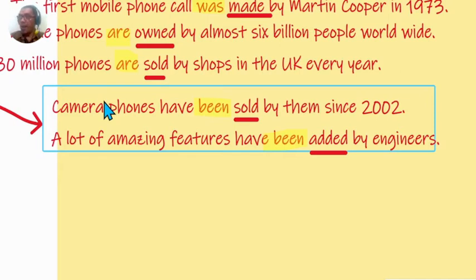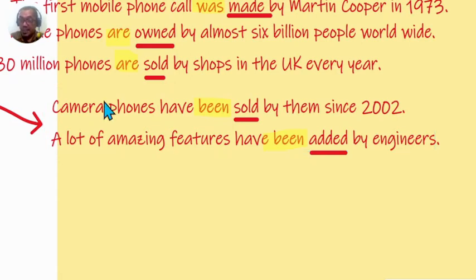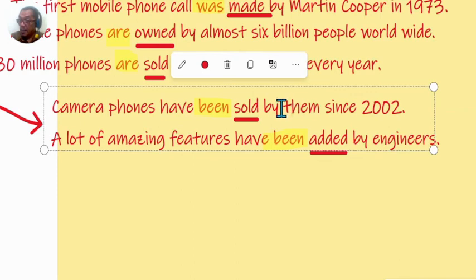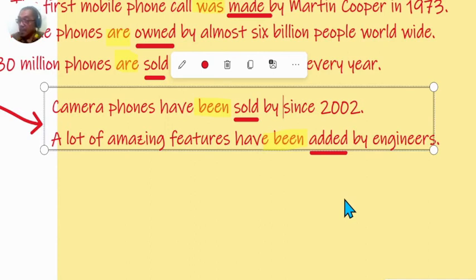Sometimes you will find the passive voice doesn't mention the doer. Because what's in the subject, which is actually the object in the active sentence, is more important. So sometimes the doer is not mentioned.